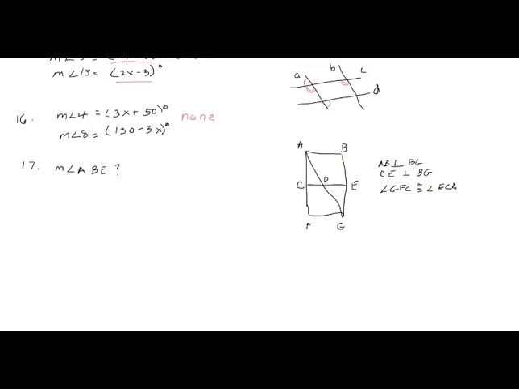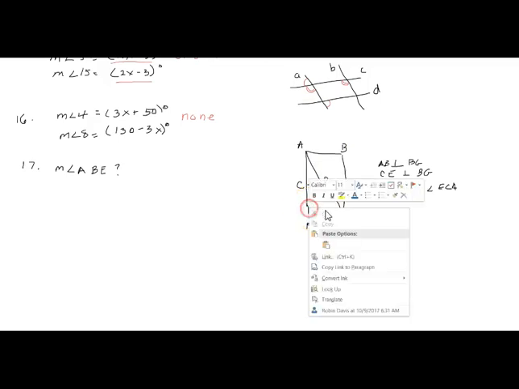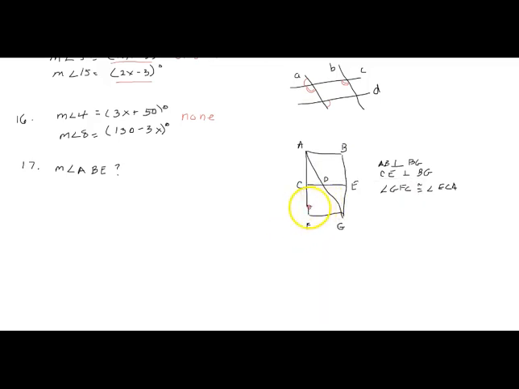Okay, so let's mark those angles. Angle GFC and angle ECA. So these two angles are congruent to each other, and the rest of these are all perpendicular to each other.